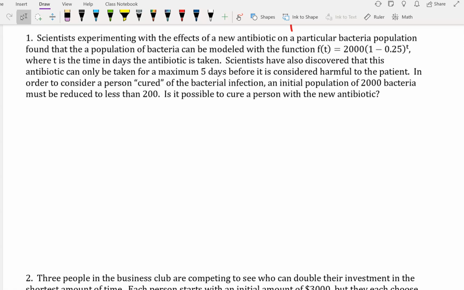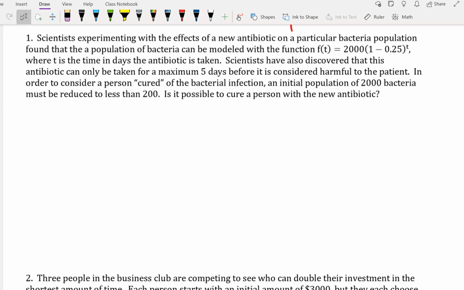So the first one: scientists experimenting with the effects of a new antibiotic on a particular bacteria population found that the population of bacteria can be modeled by the function f of t equals 2000 times (1 minus 0.25) to the power of t, where t is the time in days the antibiotic is taken.